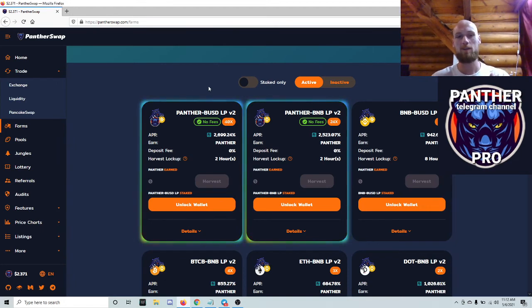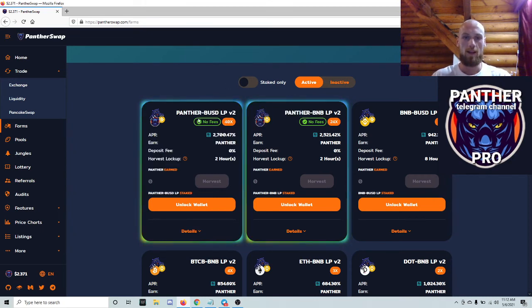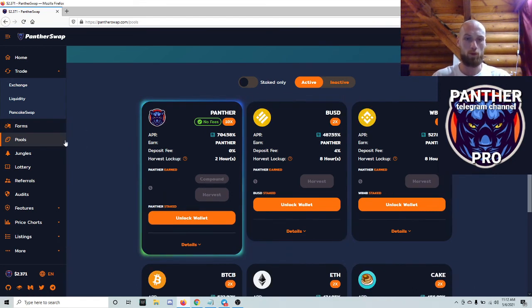So if you believe in the future of Panther, what you want to do is farm one of these two pairs. And then every time you harvest, you want to go to the pools and you want to stake that harvest. Once you're staking that harvest, you keep doing that. Every time you harvest, you stake it again. Now you're stacking Panthers.